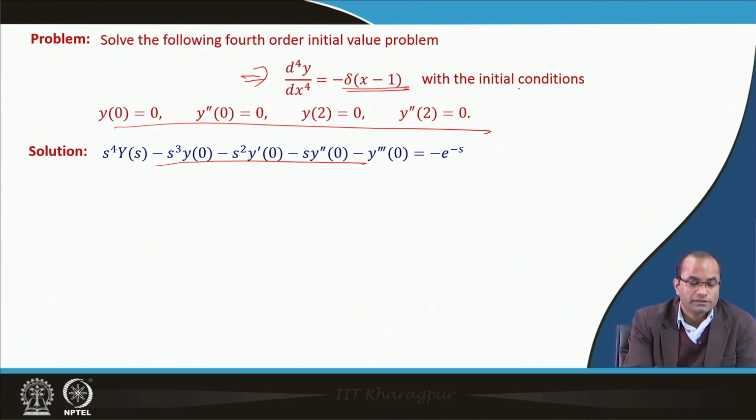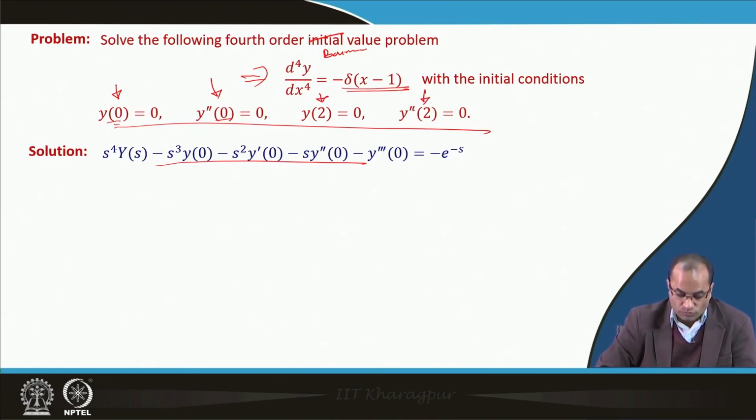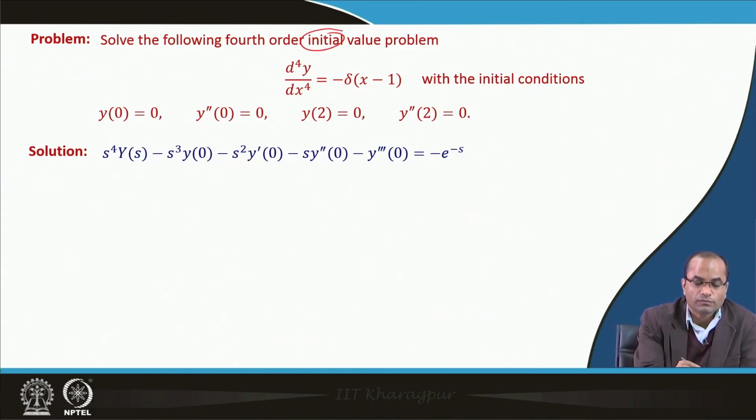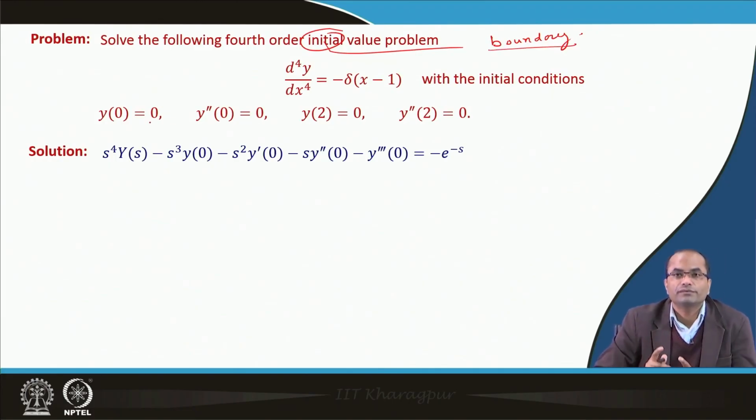Sorry, they are not initial conditions, this is actually a boundary value problem, because the conditions are given at 2 points: two conditions are given at 0 and the other two at 2. So, this is not an initial value problem, it is a boundary value problem, where the conditions are given at 2 different points.